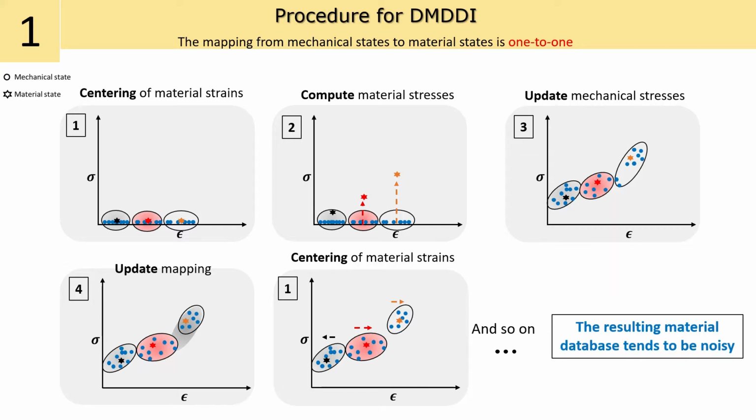If necessary, we do that. And we would repeat that process over and over again until the mechanical states and the material state are stable. And we've implemented that solver, and we found out that the resulting material database tends to be noisy, and we want to improve its quality.